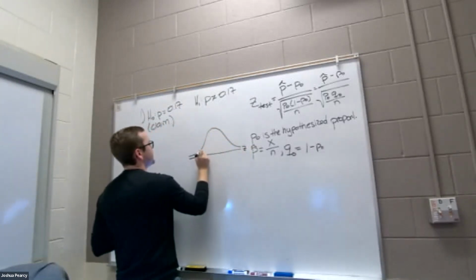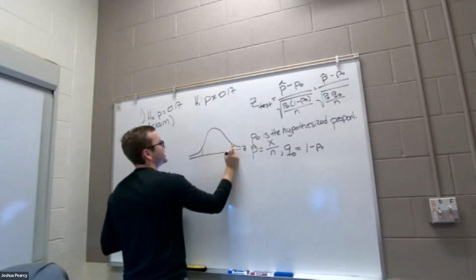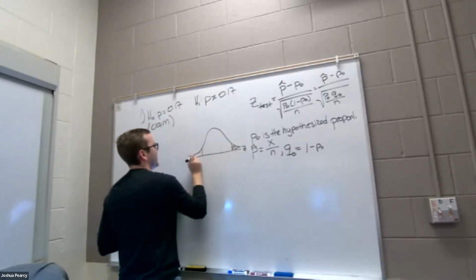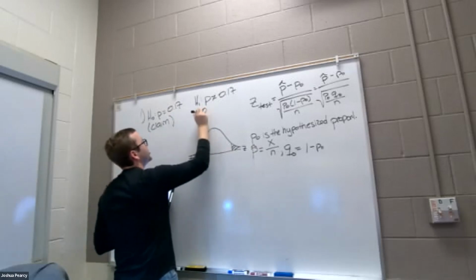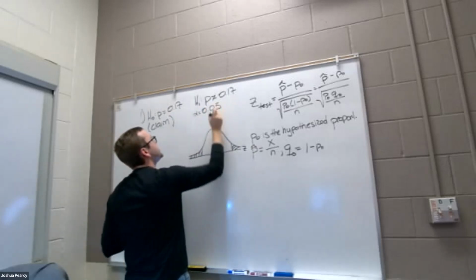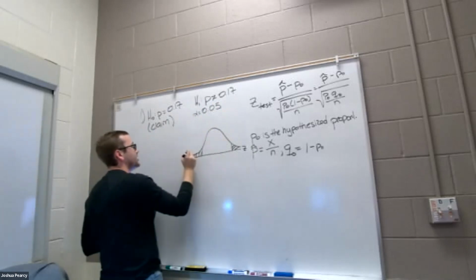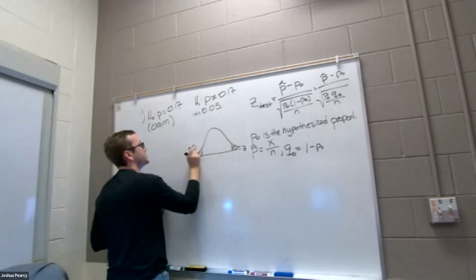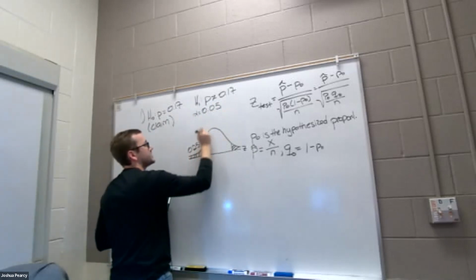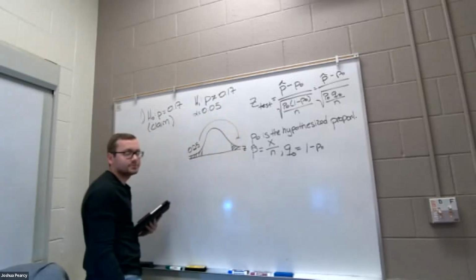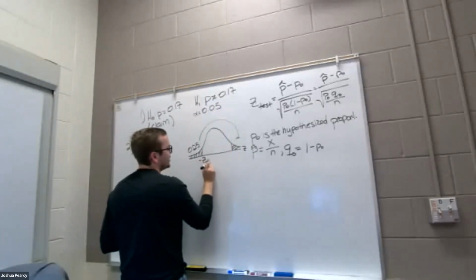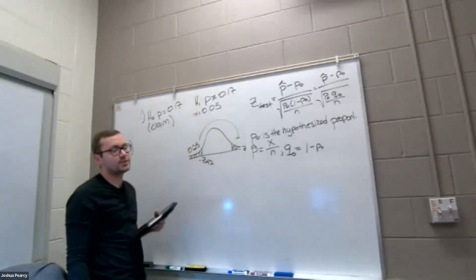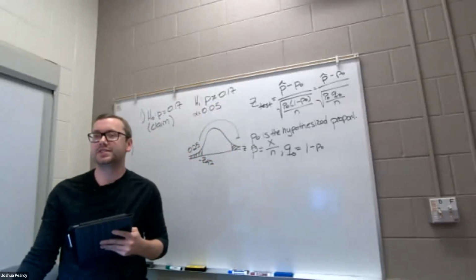And since it's a two-tailed test, the area in these two tails will add up to alpha. And alpha was 0.05. So therefore, there's area of alpha over 2 in this tail, and the same over here. Then find this negative critical value here that has area to the left of 0.025. And what do you find that it is?